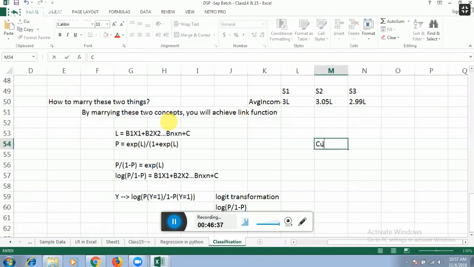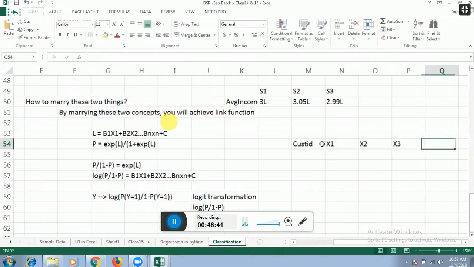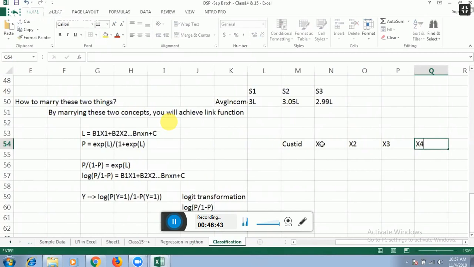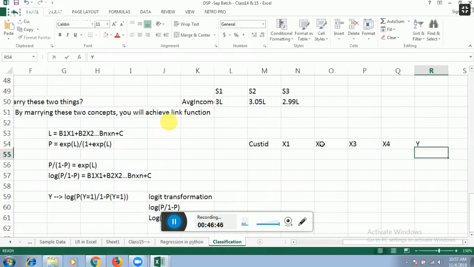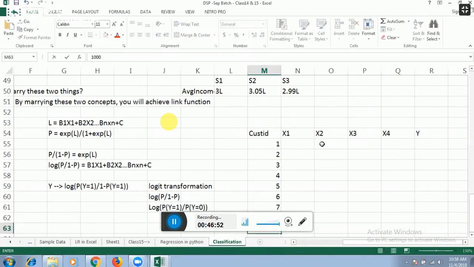Suppose your customer ID is there and your x1, x2, x3 and x4 and your y is there. Suppose in this case, 1, 2, 3, 4, 5, 6, 7, etc. and 1000. Now assuming that my x1 is location.